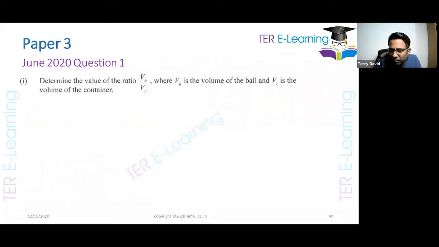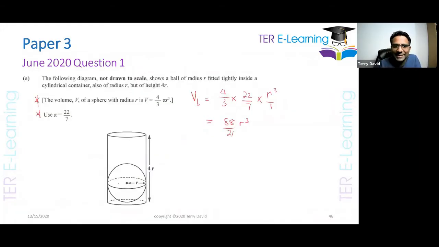Now, what else do they want? They want the volume of the container, right? Now, the container here is a cylinder, right? That's what the ball is inside. Yesterday in class, we saw what the volume of a cylinder is. It is actually pi r squared, which is the circular part of the cylinder, multiplied by the height. So this is how we find the volume of a cylinder, right?